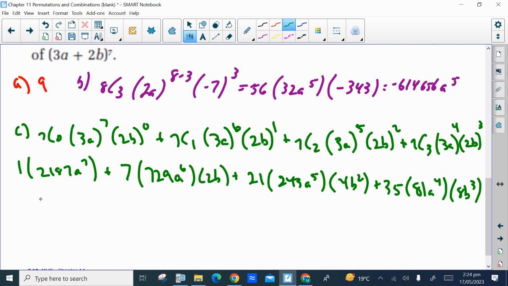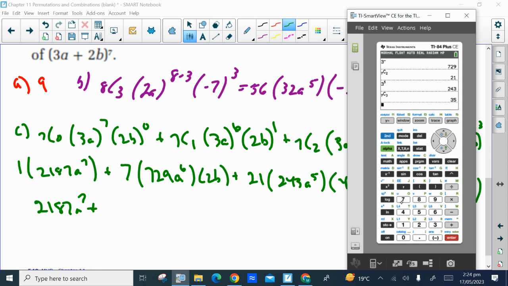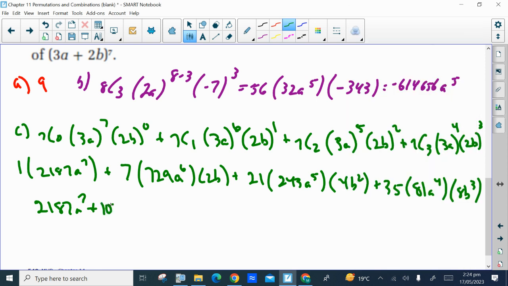So now we need to multiply coefficients together. Next coefficient is 10,206, and that's a to the 6b.